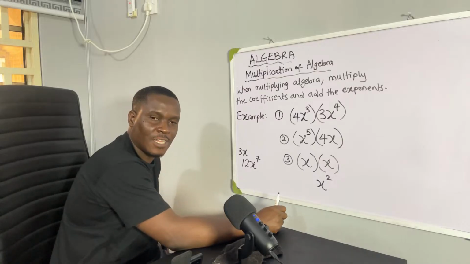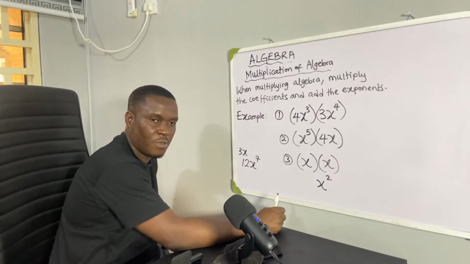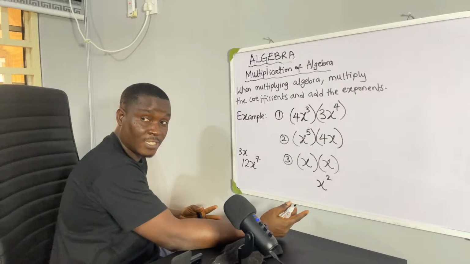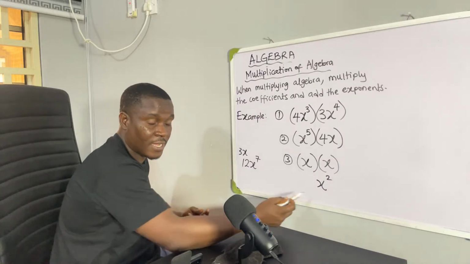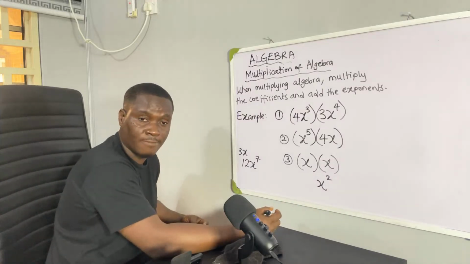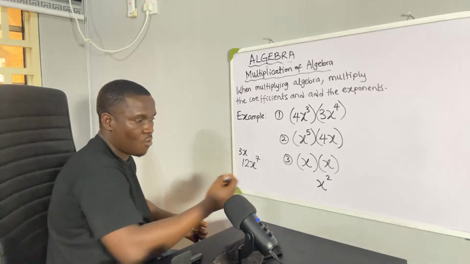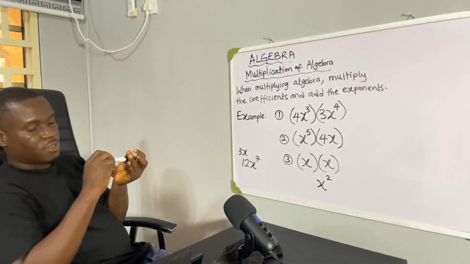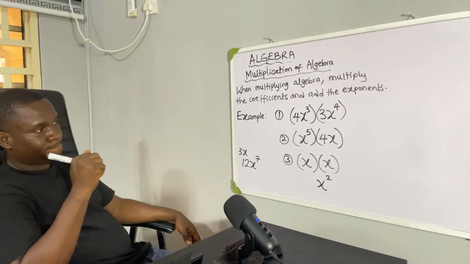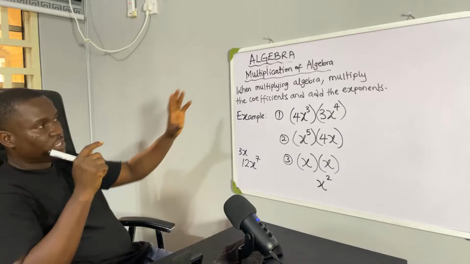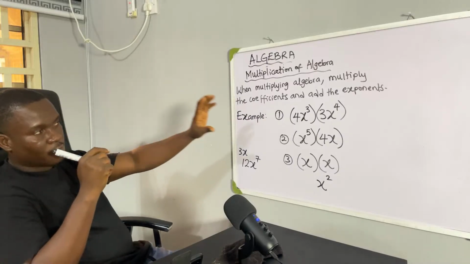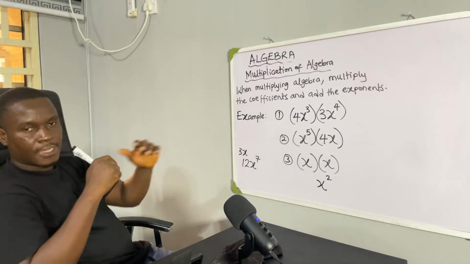No. So it's x to the power of 2, because as a professional, we know that when there is no number here, there's a 1 there. So the principle for multiplication is multiply the coefficients, add the exponents.